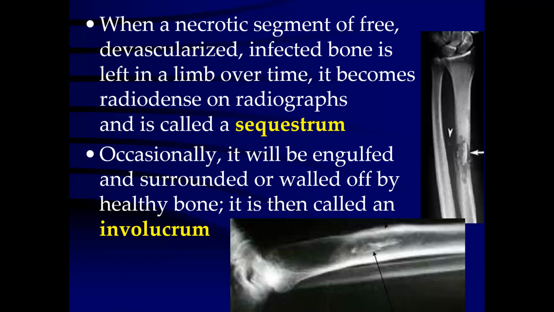And nobody gave me the name of sequestrum. You have to remember this. Occasionally, it will be engulfed and surrounded or walled off by healthy bone. It is then called an involucrum.